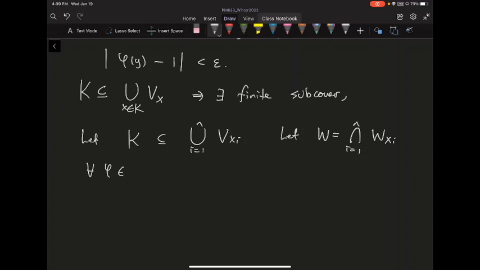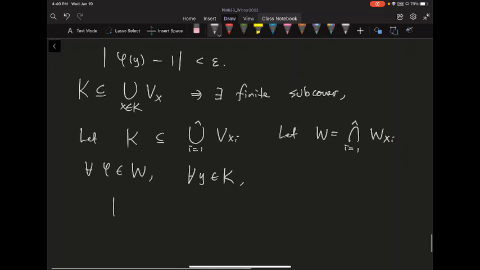This essentially shows that for every phi inside W, and for every y inside K, this y has to come from one of the Vxi. Looking at |phi(y) - 1|, this phi being in W is inside all of the Wxi, and y is inside one of the Vxi, so you do the calculation and this is going to be less than epsilon.